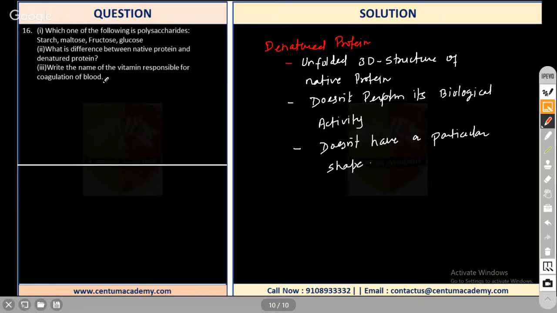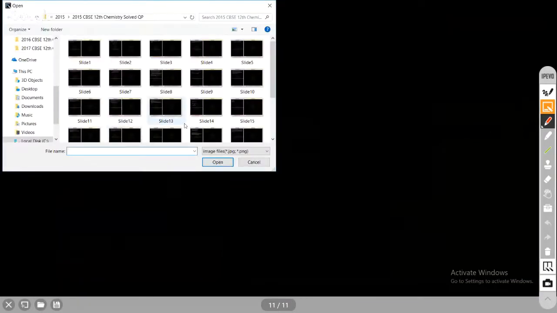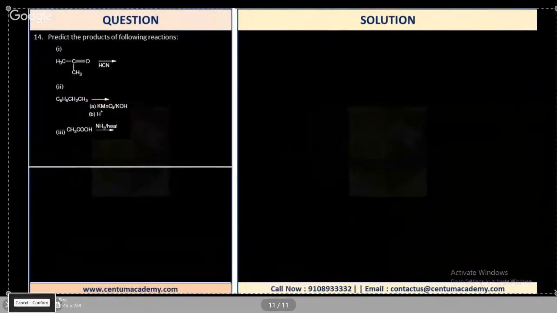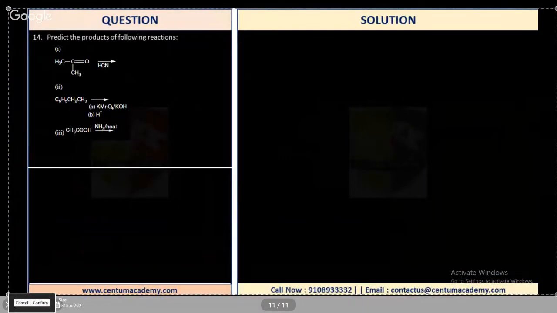Yes, it's vitamin K. Next question, you see. Products of the following reaction.